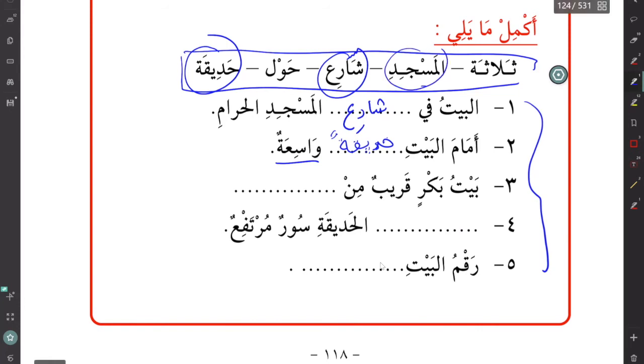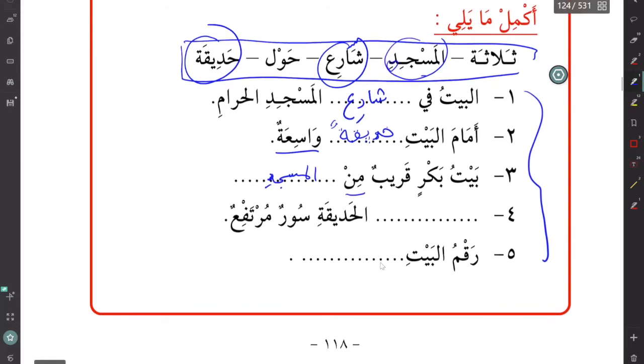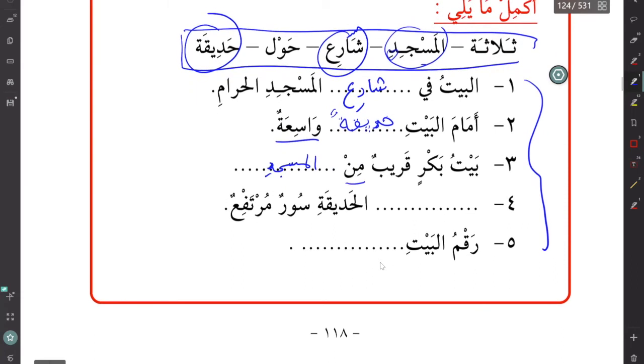Al-masjidi, close to the masjid. And the fourth one, al-hadiqa. Okay, so we have this one, hawla. Hawla is around. Hawla al-hadiqati, it's kasra because of this preposition. Around the garden, there is what? Surun murtafi'un. Okay, there's a high fence around the garden.